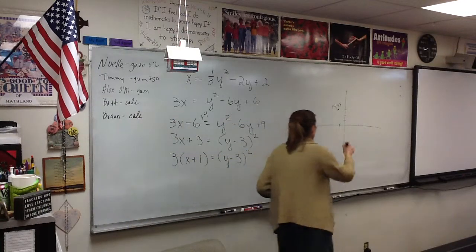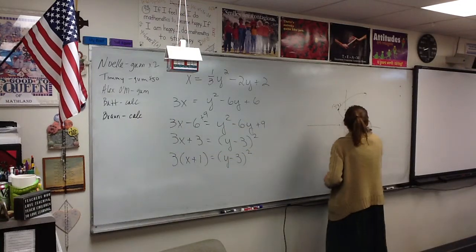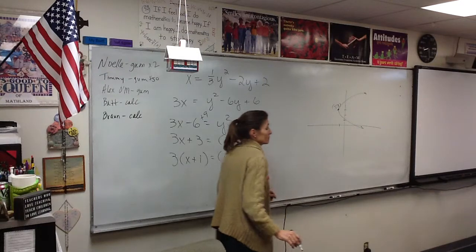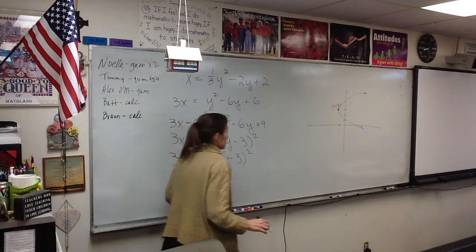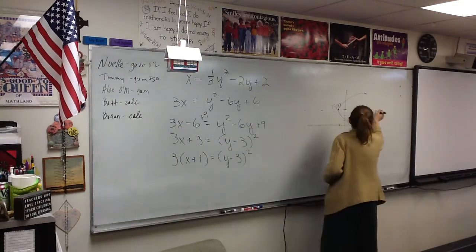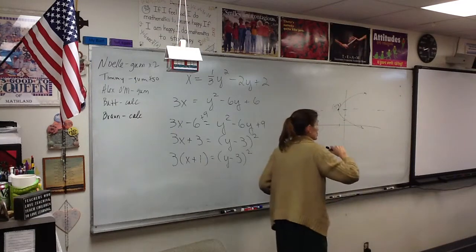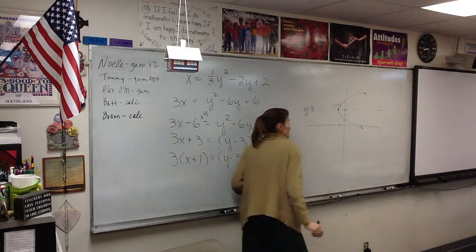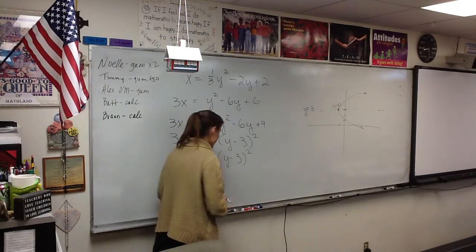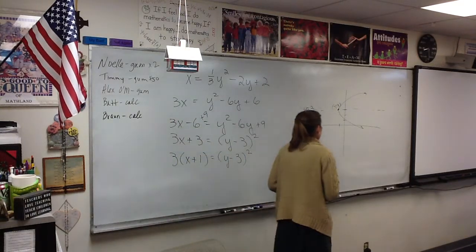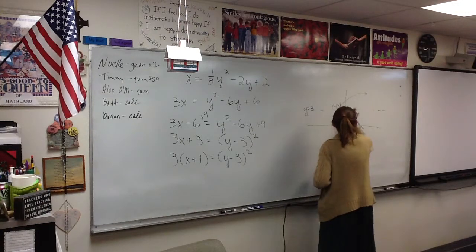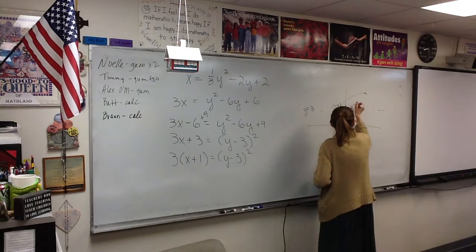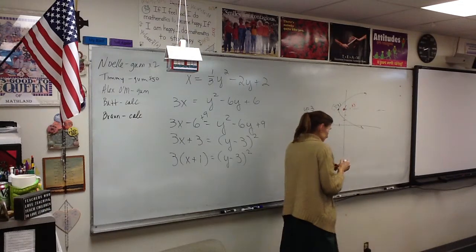Everybody okay with right? This then is my axis of symmetry, and what is its equation? Y equals 3. Which means that my focus has a y coordinate of 3.